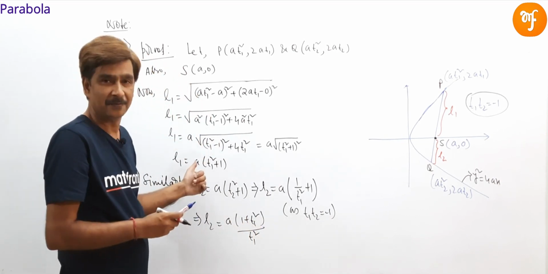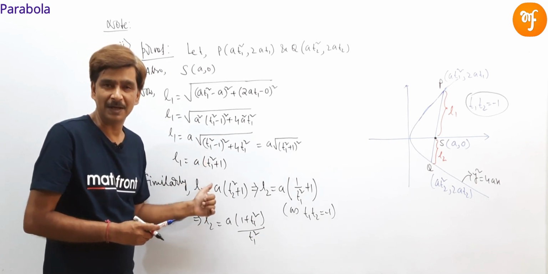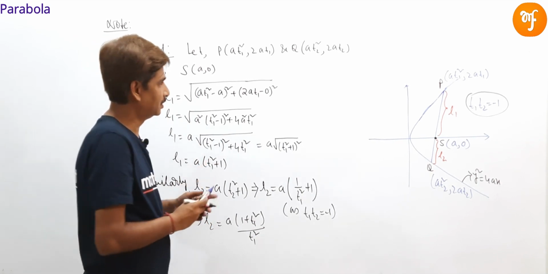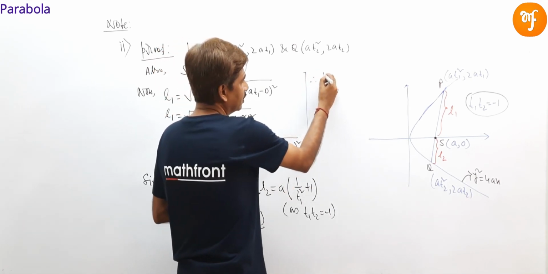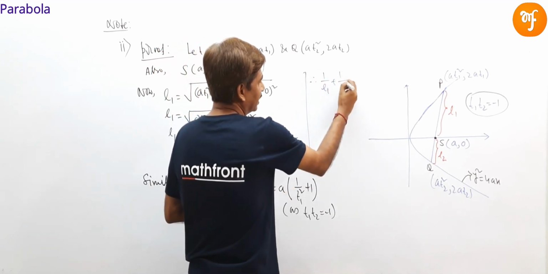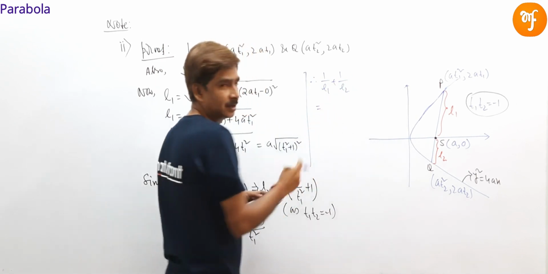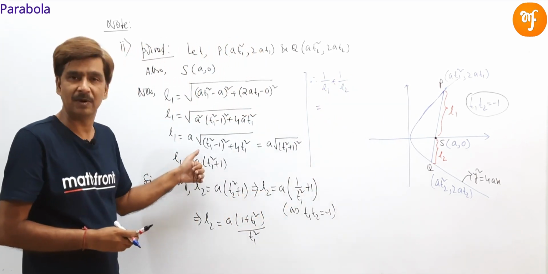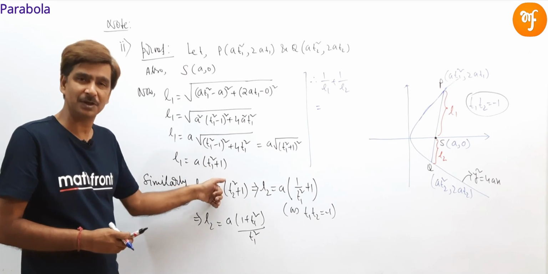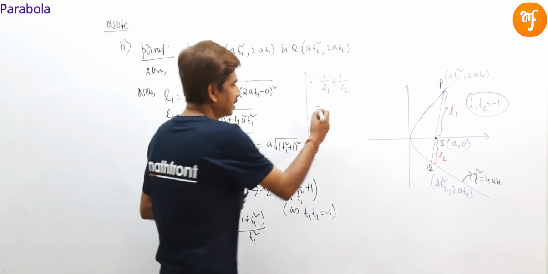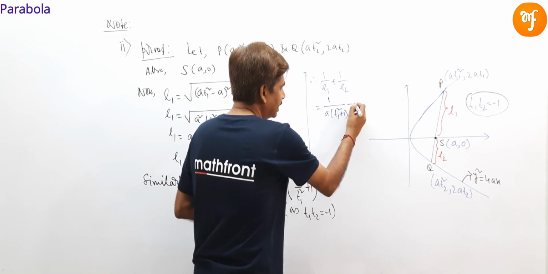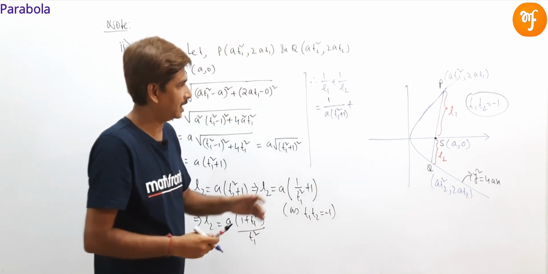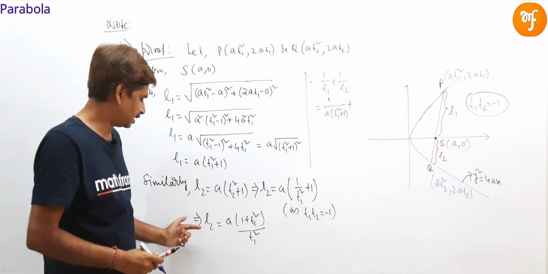Now find out the value of 1 by L1 plus 1 by L2. So 1 by L1 plus 1 by L2. What is the result? 1 by L1 will obviously be 1 divided by a into (t1 square plus 1). Plus 1 by L2. What do we get about L2?